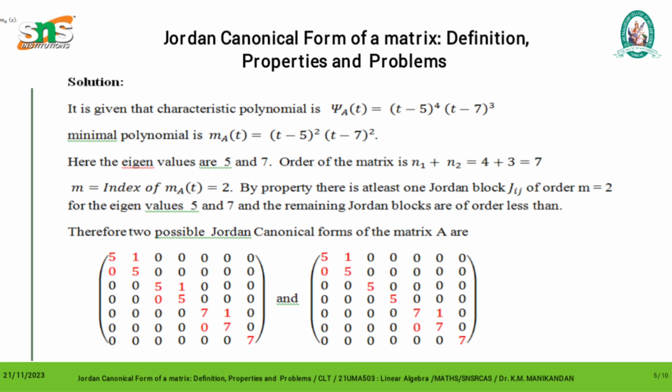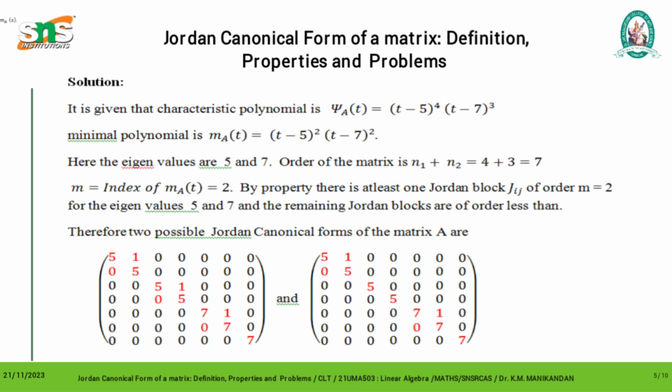But there must be single blocks corresponding to the eigenvalue lambda equal to 5. Therefore, we have constructed two single blocks corresponding to the eigenvalue 5.